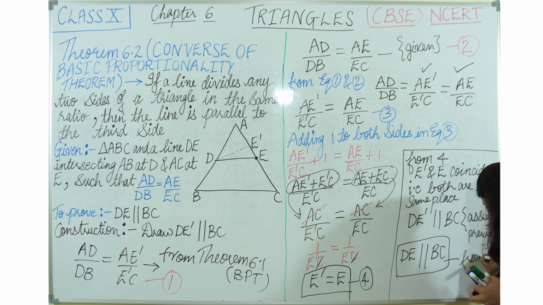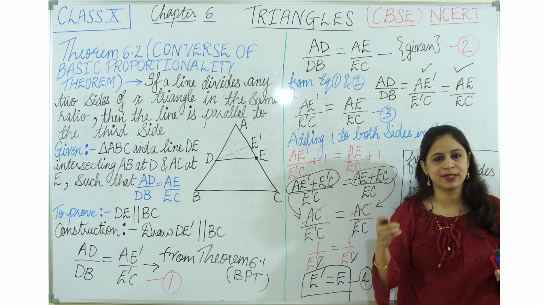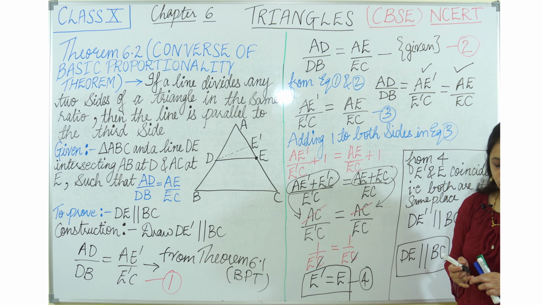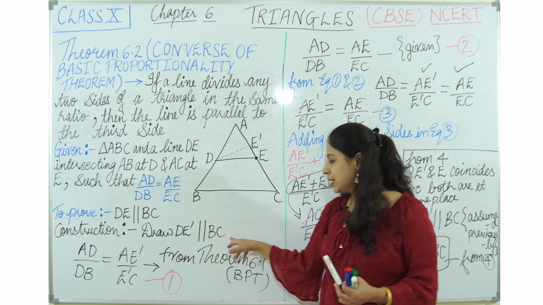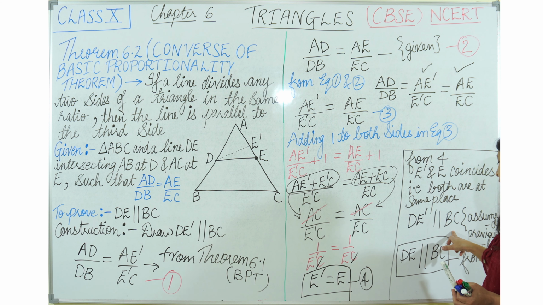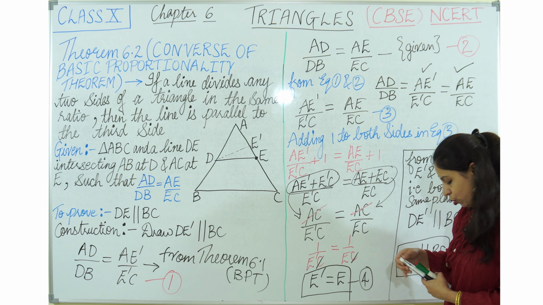From 4 it is clear because both are coinciding and both are at the same place. The point is at the same place. So we have already assumed DE dash parallel to BC. So when we are saying DE dash is parallel to BC, from 4 we can also say that DE is parallel to BC.